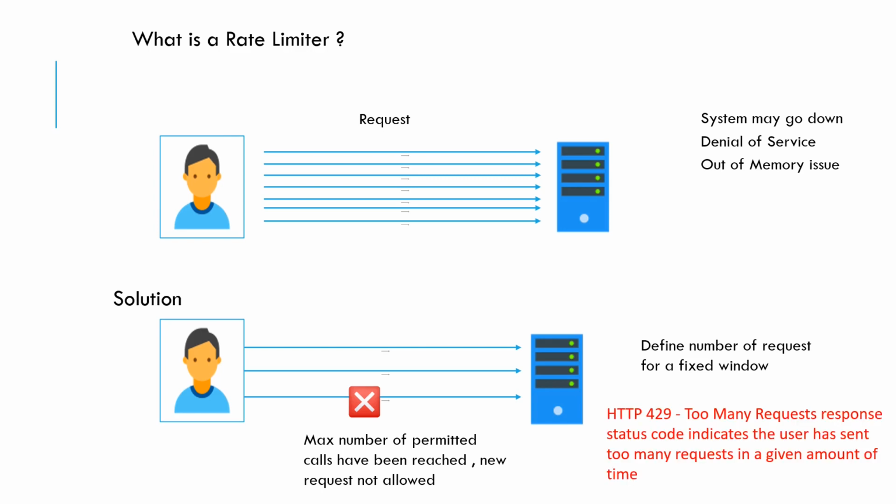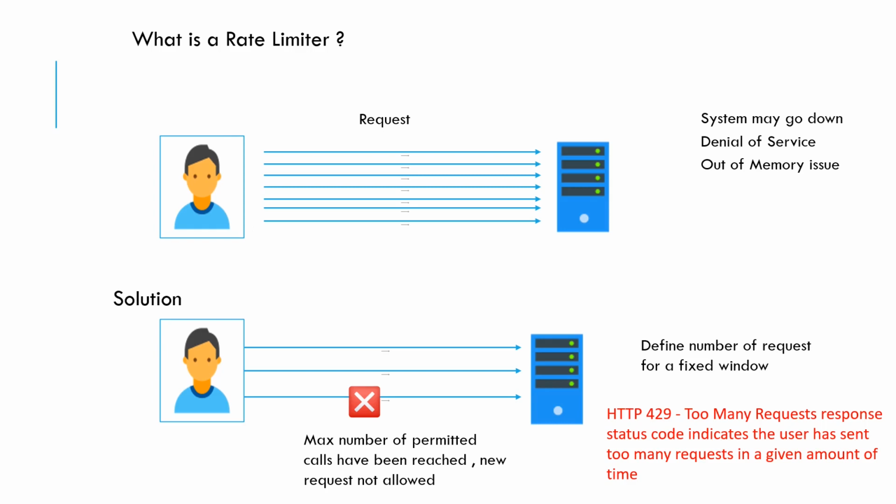We also send the response code 429, which means that too many requests have been received. Whenever you want to inform your client that they have reached the SLA, you can send this 429 HTTP code. This is how you can protect your system from too many requests.